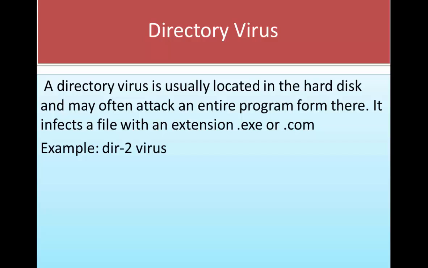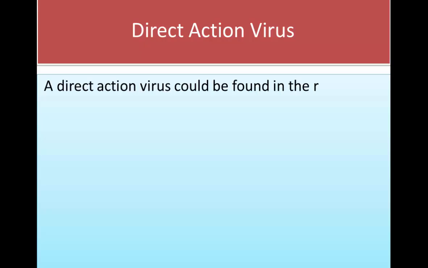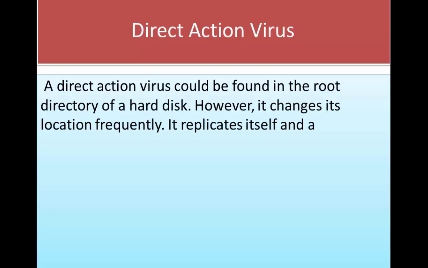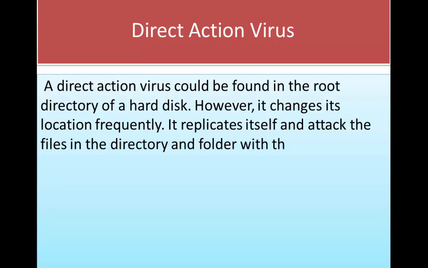Now next is the direct action virus. A direct action virus could be found in the root directory of a hard disk. However, it changes its location frequently, it replicates itself and attacks the files in the directory and folder with the autoexec.bat path.